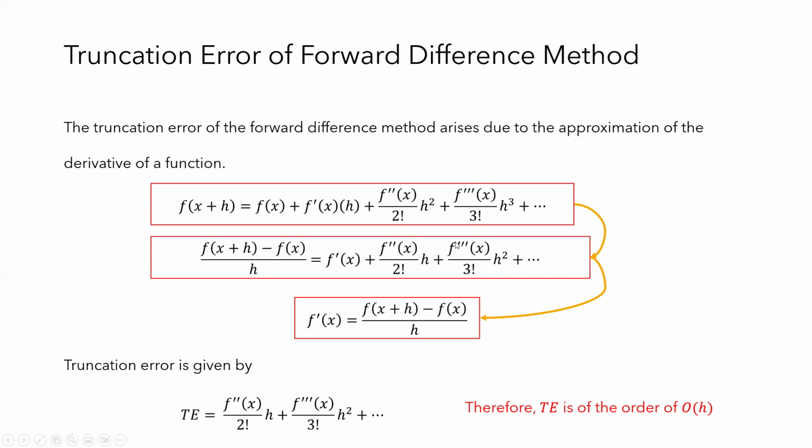So this is the expression for the truncation error, and this is the most influential term, or the leading term, in the truncation error expression. Therefore, the truncation error of the forward difference method is of the order of h. It is denoted by O of h.